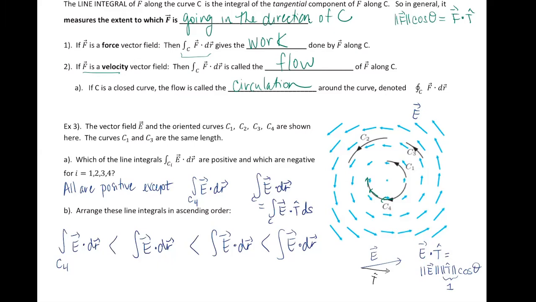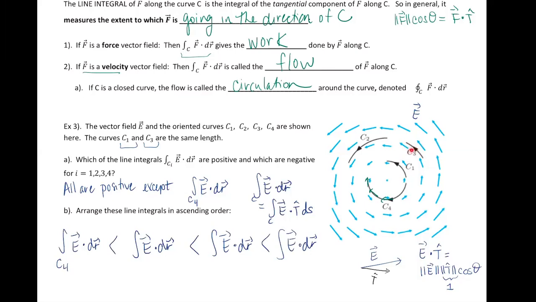Okay, so they told us both C1 and C3 are the same length. So that's important. But now, if I look at this blue vector here and imagine the dot product of a blue vector along this curve, I'm going to slide this blue vector in my head down towards this black curve, because I'm going to assume the vector field at the actual black curve is pretty much the same.